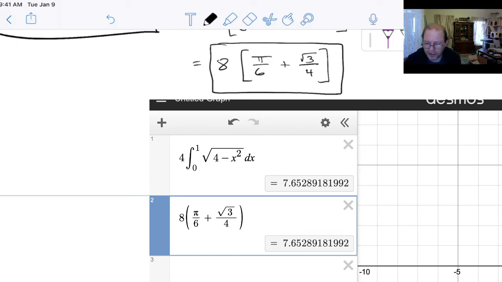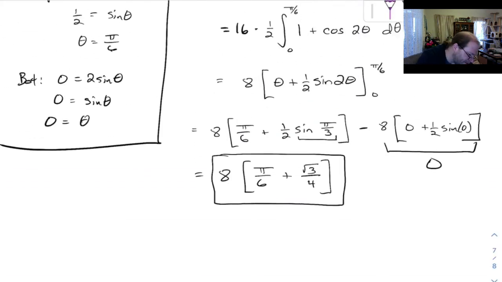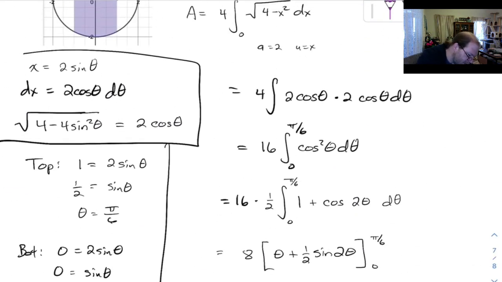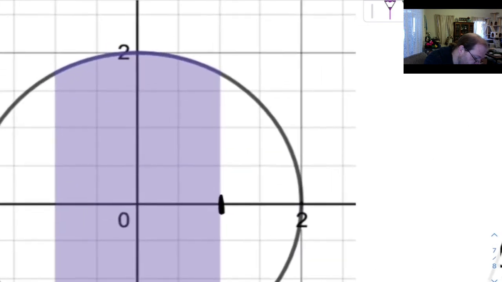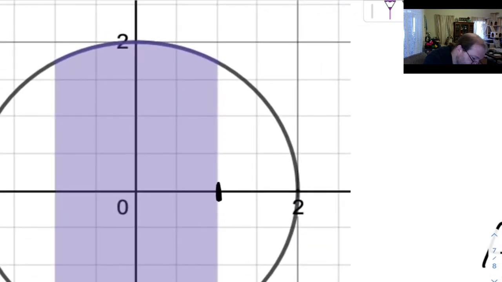Now, you might ask, is this the only way to solve this problem? And the answer to that is no. It would be possible to solve this area without using calculus. If you wanted to, you could come up here and draw an arc up here and separate this area into these two places.